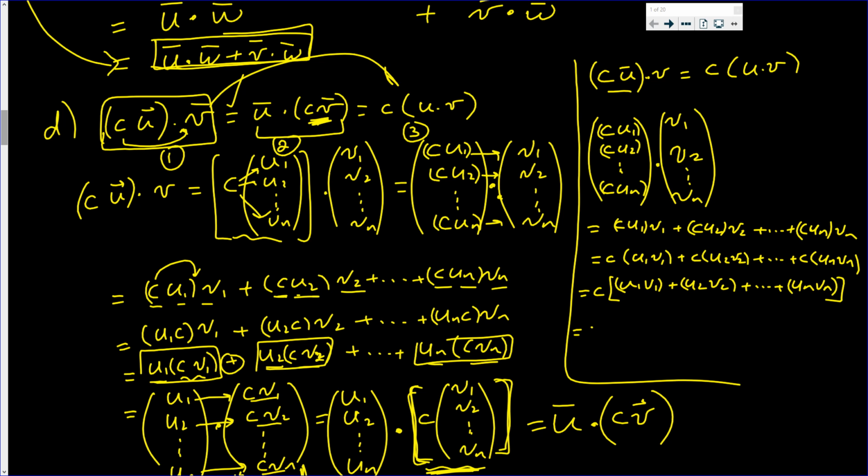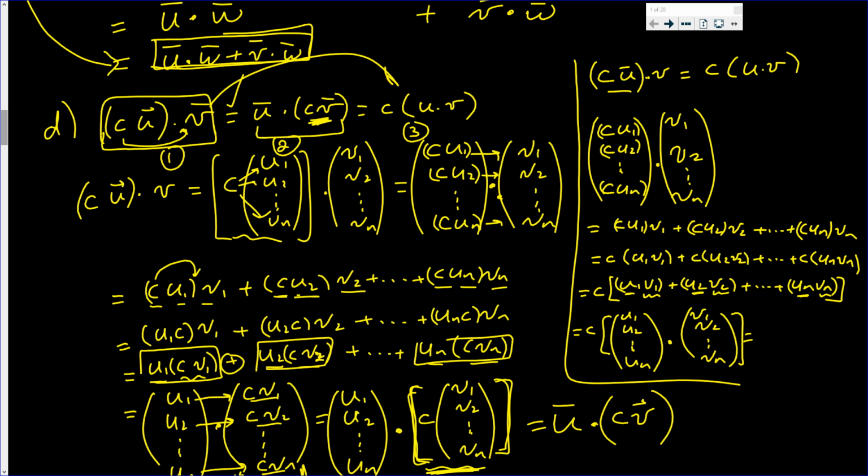So here's the c and there's those brackets. Let's write down the n first components, u1, u2, up to un, and I dot that with the second components, v1, v2, down to vn. Close the bracket.